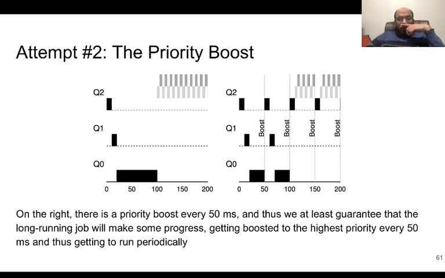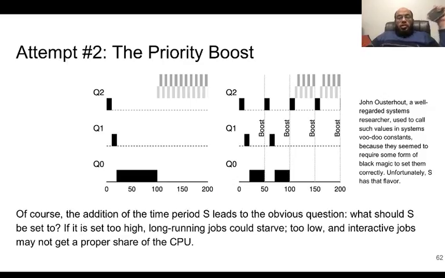The main problem with this is when do you do the priority boost? This is actually a general problem in computer systems. Many systems are built with what people call voodoo constants. I actually noted that at some point, if you go through the Linux kernel, you'll find profanities, you'll find numbers that are like, we have tried all the other numbers that we could think of, and this is the only one that worked.